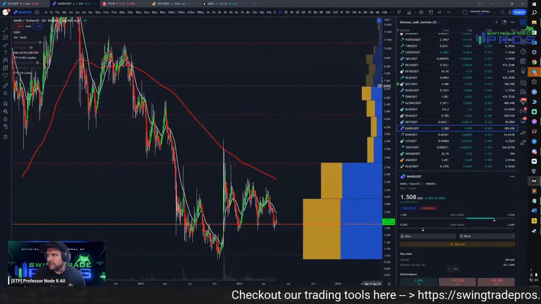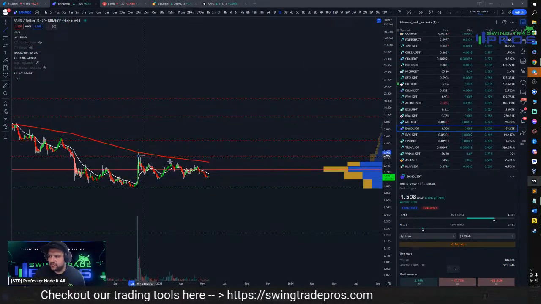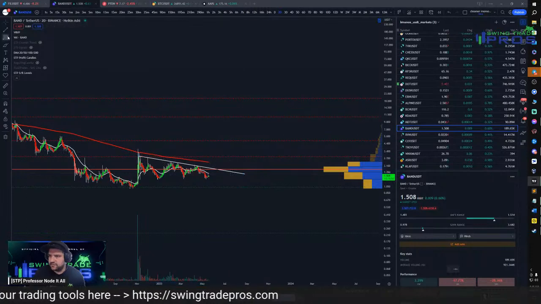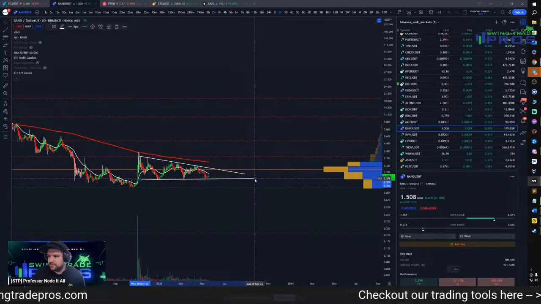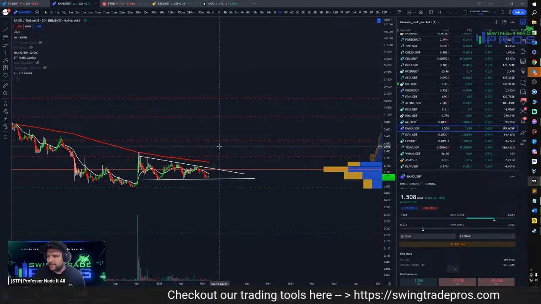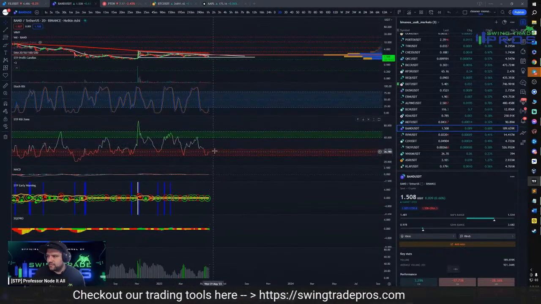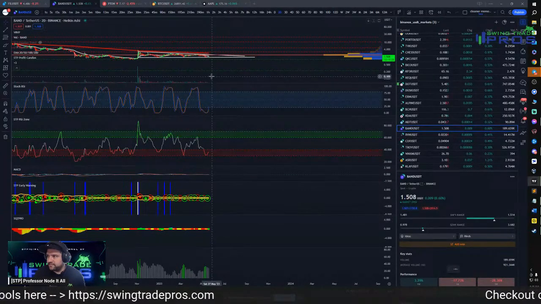Band Protocol setting up here. This one likes to make major moves when it does move. You can see it basing out right here, volume receding, momentum oscillators ticking back up here, right? You're sitting pretty close to the buy zone, 36 on the RSI.